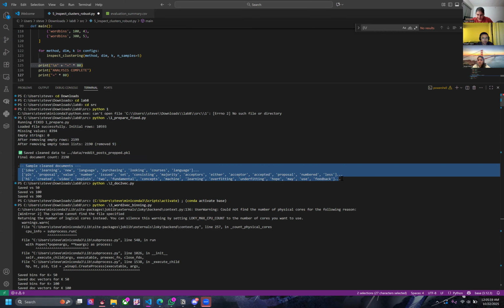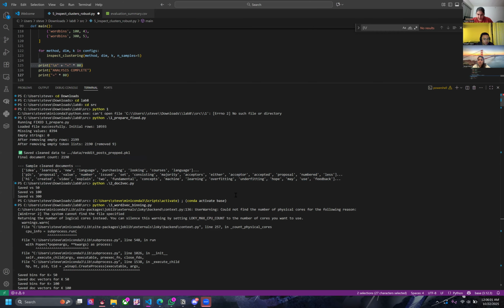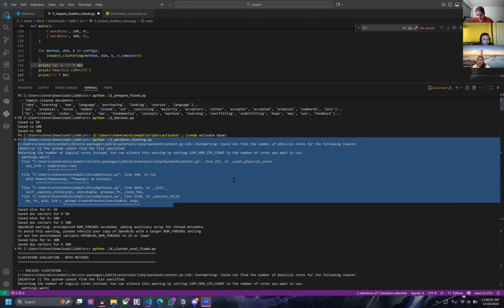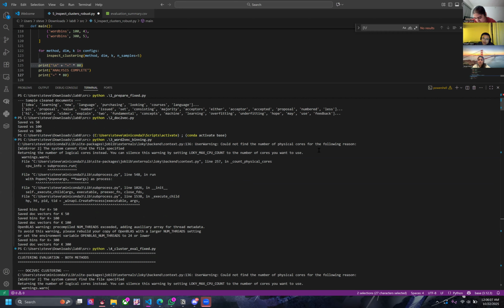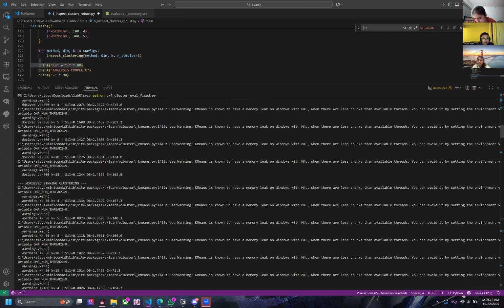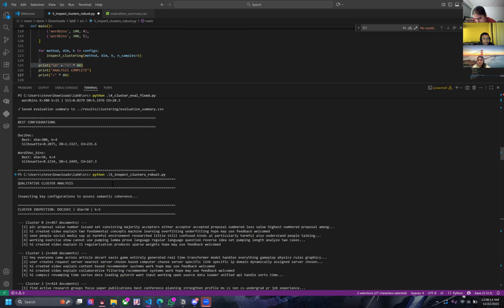We also got some sample clean documents if it helps. And there are a few issues here and there. I'm not sure why the warnings pop up, but we basically reran everything. Nothing too interesting.